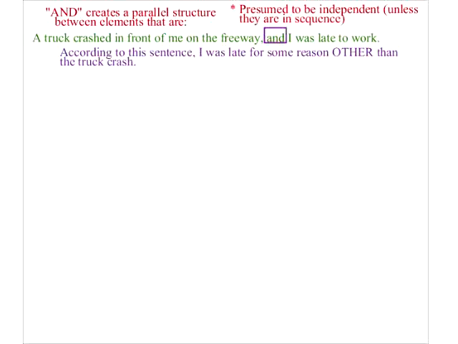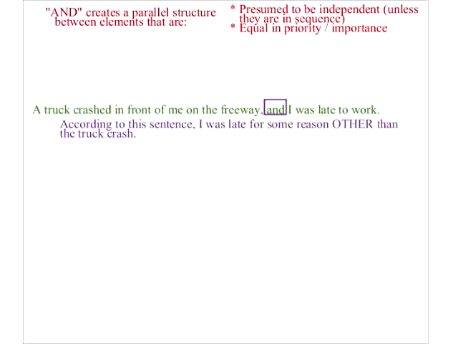And then equal in priority or importance. And you're allowed to use "and" when events are in a sequence, but even then there's still this idea that they're independent things in sequential order.